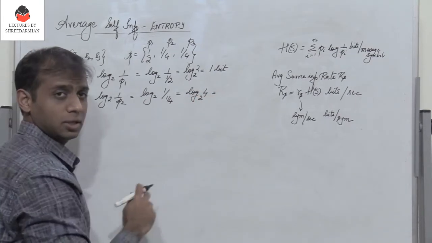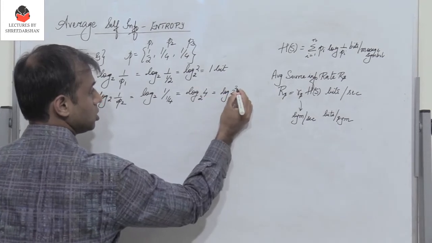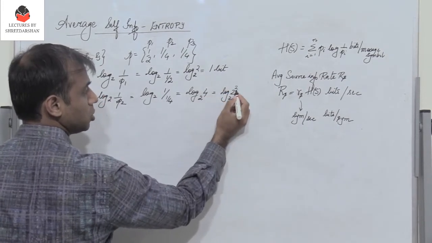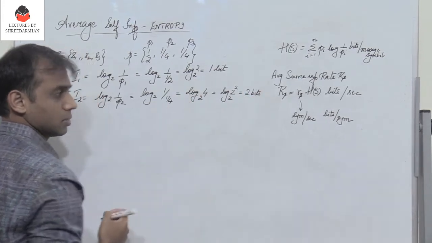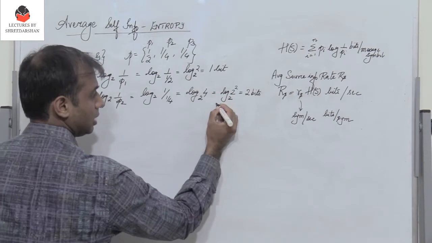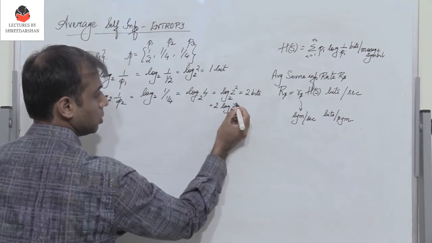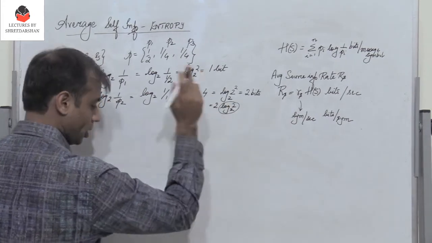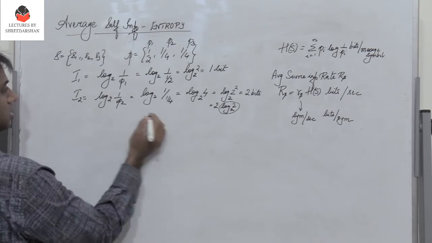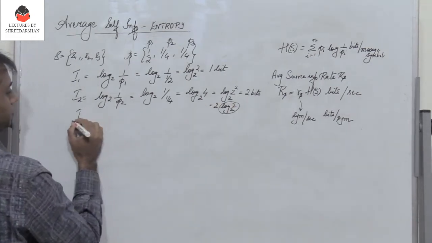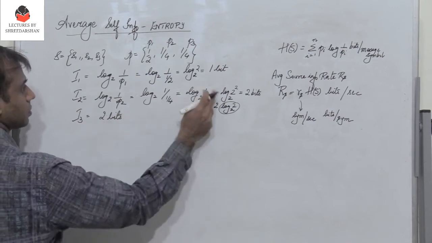So 4 can be written as 2 square, so I get 2 into log 2 to base 2, and log 2 to base 2 is of course 1, so I get 2 bits. And of course I3 is also equal to 2 bits because the probability is the same, which is 1 by 4.